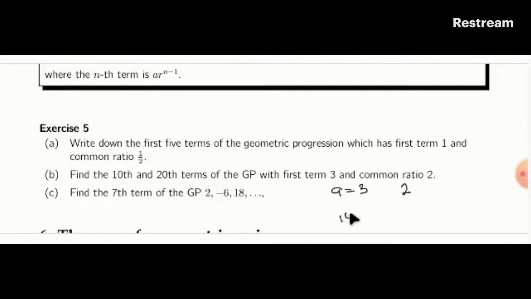We're looking for the 10th, and it's always a multiplied by r raised to power n minus 1. So what are you going to get? You're going to get 3, then 2 raised to power 10 minus 1. So this is just 3 multiplied by 2 raised to power 9, which is just straightforward.